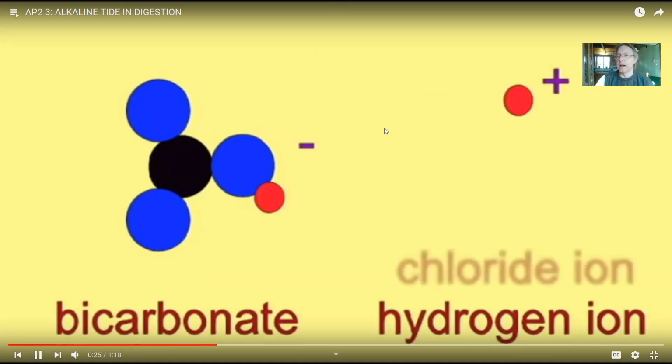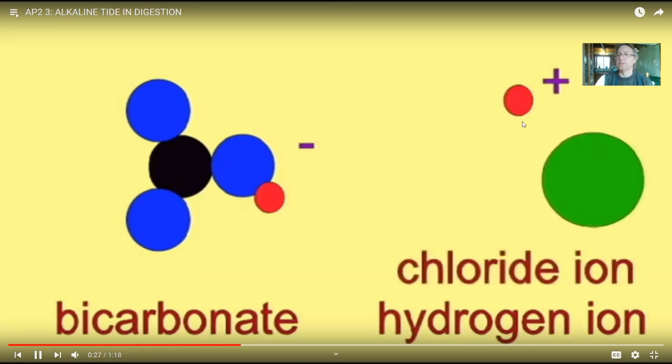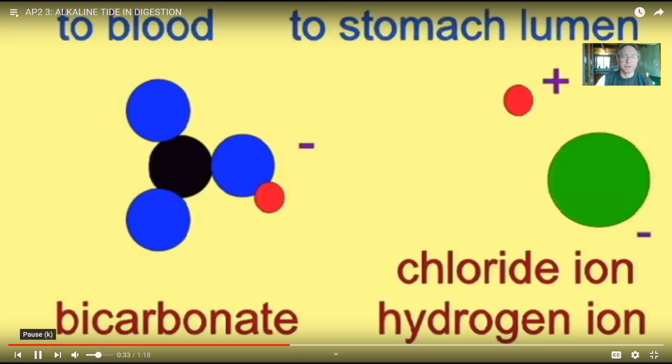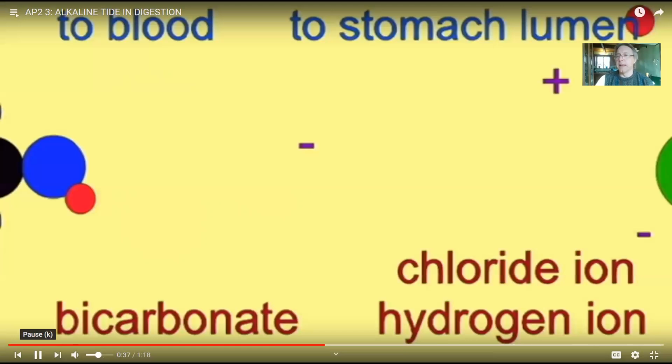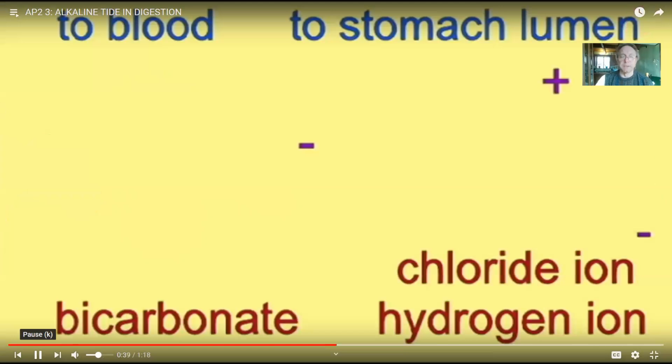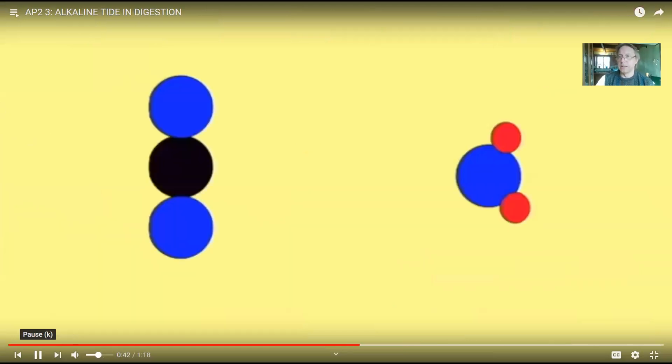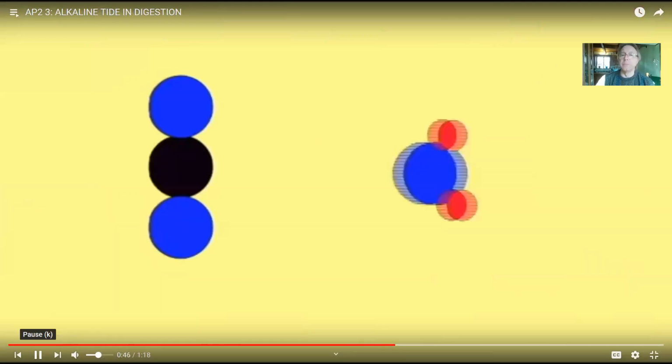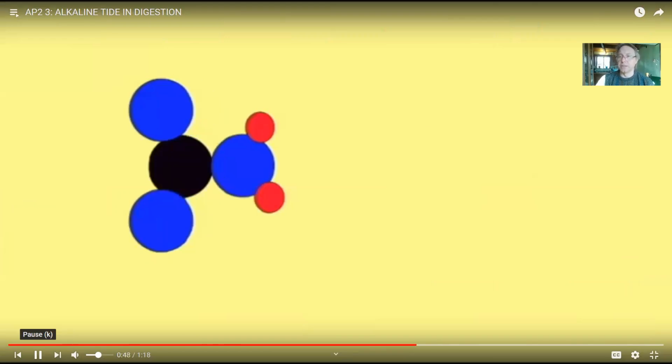The negative chloride ions plus hydrogen go into the stomach, so there's hydrochloric acid in the stomach, but bicarbonate goes into the blood, one of the reasons we become sleepy after a big meal. But if I were to vomit, then if I made more stomach acid, more bicarbonate would go into the blood. If I vomited again, more bicarbonate would go into the blood, and then the blood would become basic. And so that can be a cause of alkalosis.